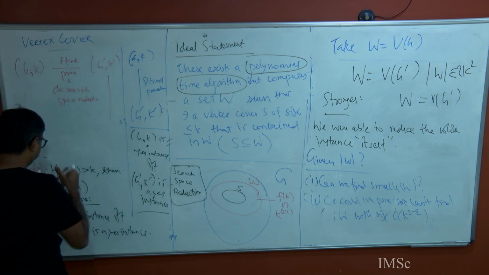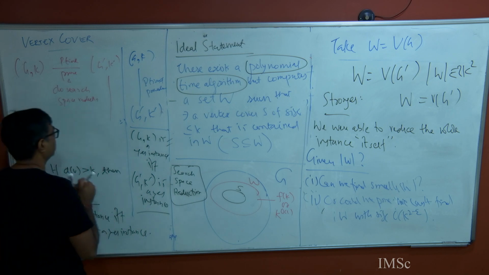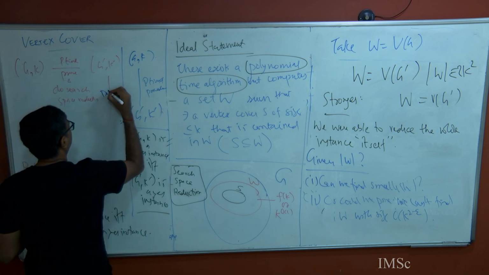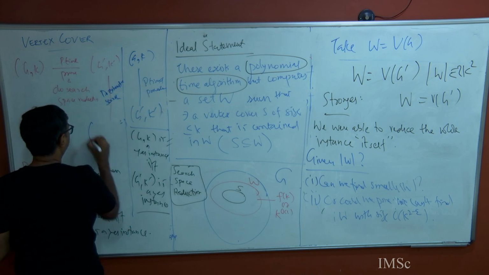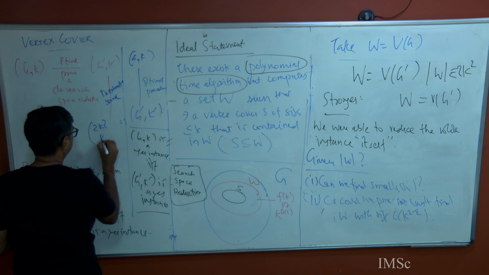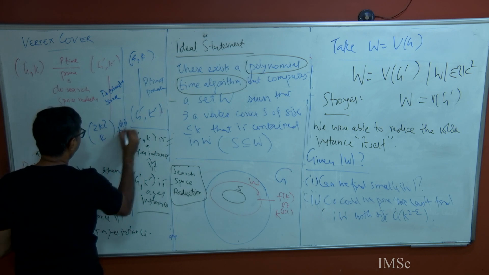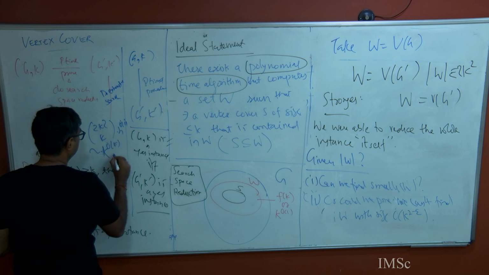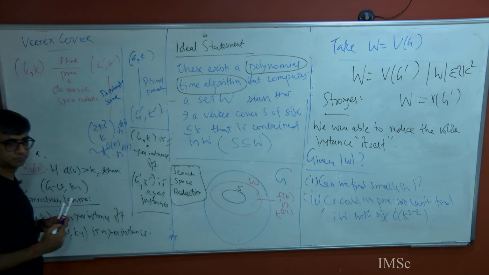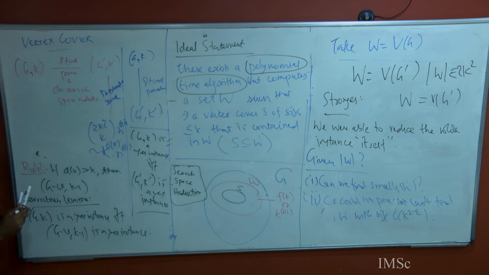And now that we have done search space reduction, do exhaustive search. This will be 2^(k^2) choose k, times n to the power big O of 1, which is basically k to the power big O of k times n to the power big O of 1. That's it. So this is an algorithm.